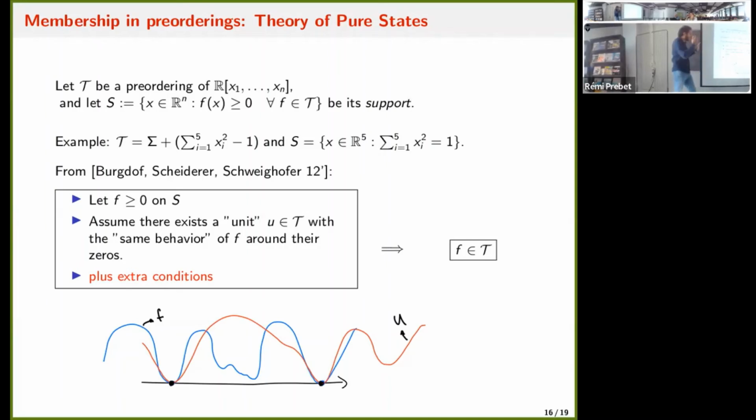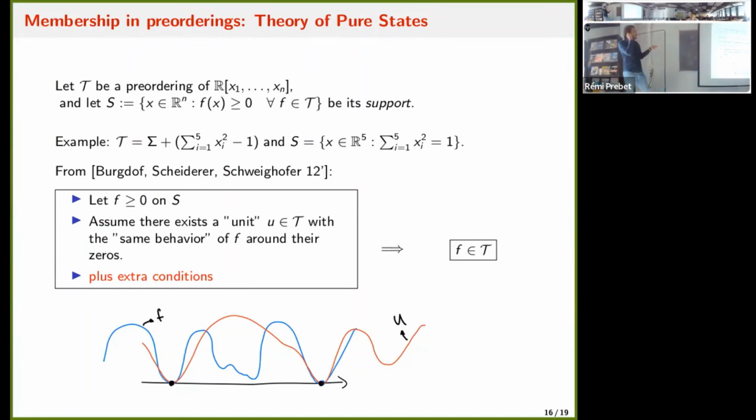So let me explain a little bit this second condition, which is a little vague. We would like to have another polynomial U, which is in T, and has the same behavior. So they have the same zero set. The zero set of f and u is the same, but more than that, the behavior around the zero set should be the same.